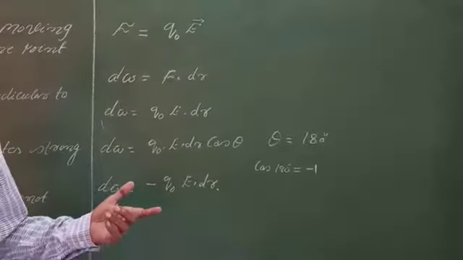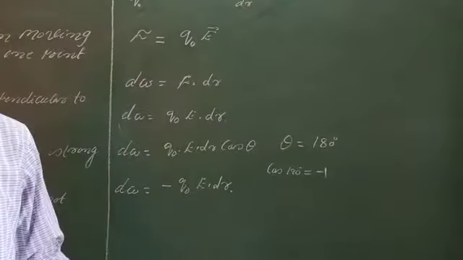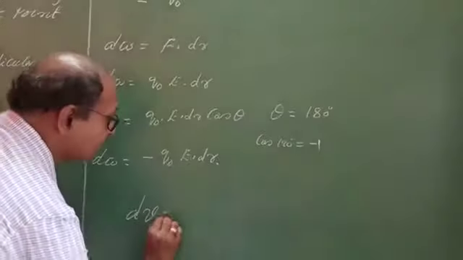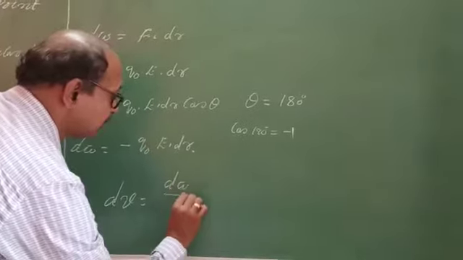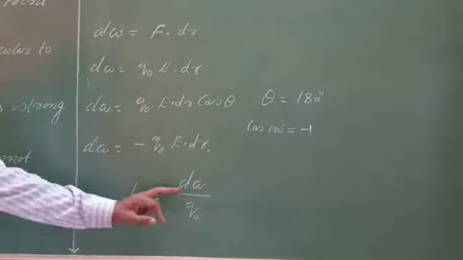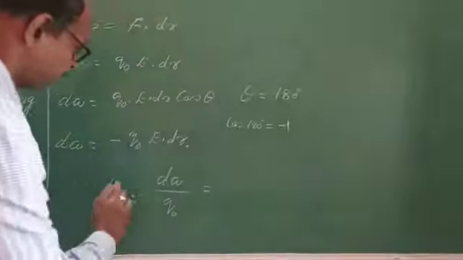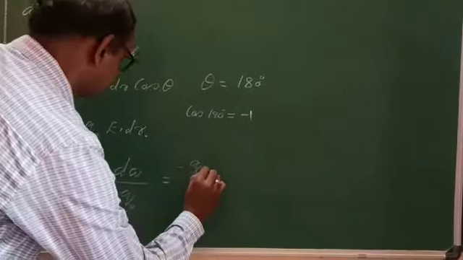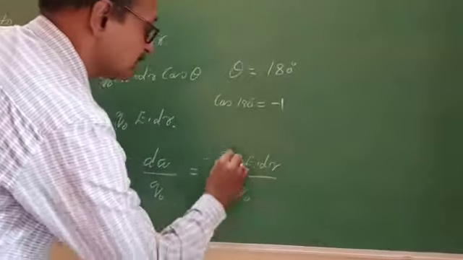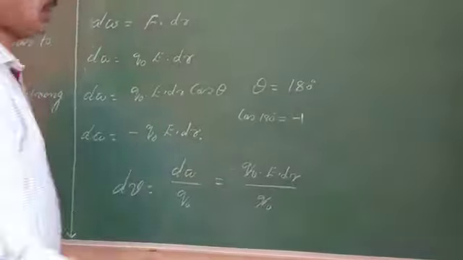So you already know the potential difference. The potential difference is given by dV is equal to dW divided by Q naught. Substituting this equation, we get minus Q naught into E into dr divided by Q naught, so Q naught goes.